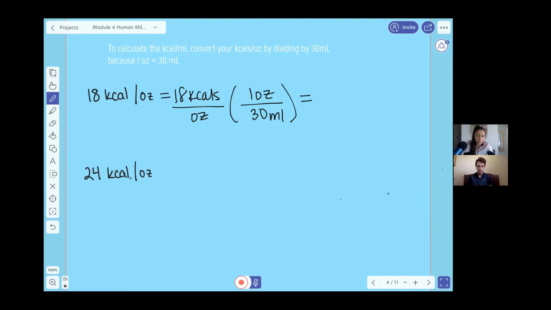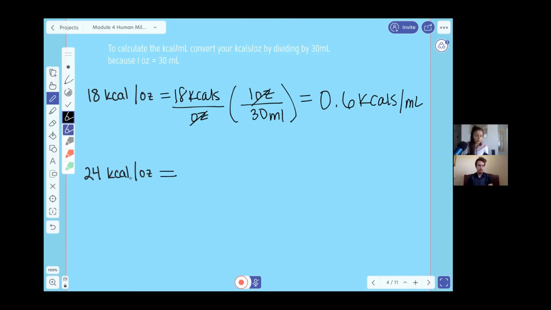And we're going to multiply that by 1 ounce over 30 mLs, because we have 1 ounce in 30 mL. So our ounces are going to cancel out here and we're going to be left with our kcals per milliliter. So we're just going to divide 18 by 30. And that leaves us with 0.6 kcals per milliliter.